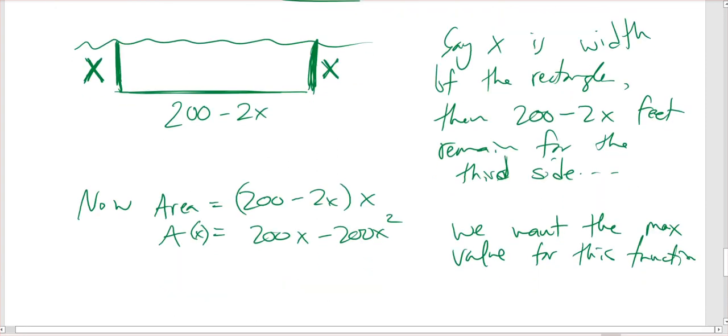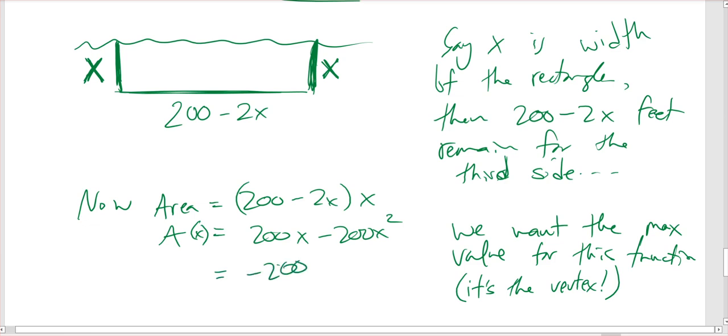And something that we've put together already is the vertex. If we want to get the biggest function value out of here, or the smallest, it's going to be the vertex.